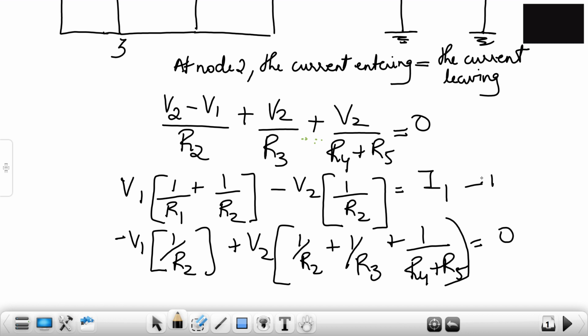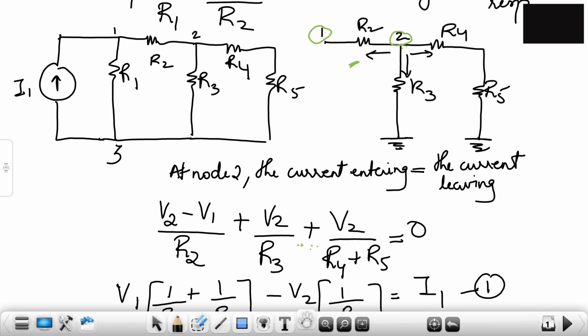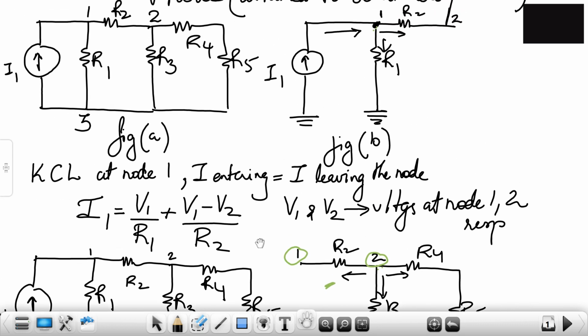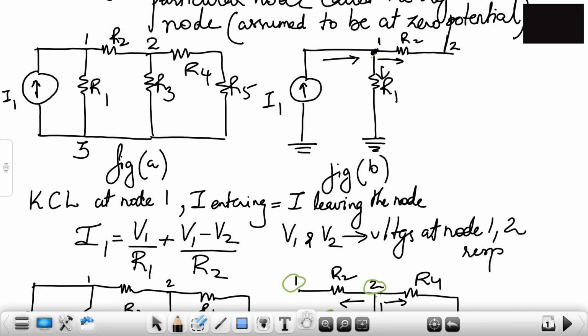This is your equation 1 from node 1. This is the equation 2 from node 2. This is how you solve the nodal analysis. This is how you find the voltages at node 1 and node 2.